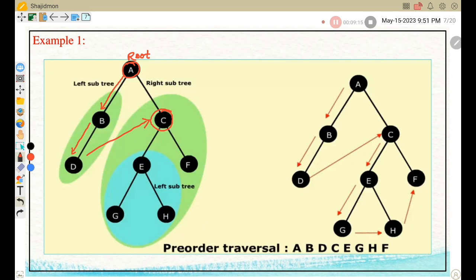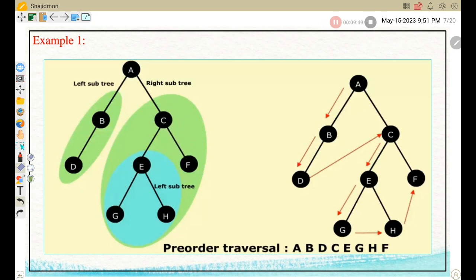Now from C, we go to the left part. What is the left part? It is E, so we visit E. Then what is the left part of E? G, correct? After the left part, we go to the right part, that is H. Then after H we go to the right part, F. This visit is what we call pre-order traversal in a tree.